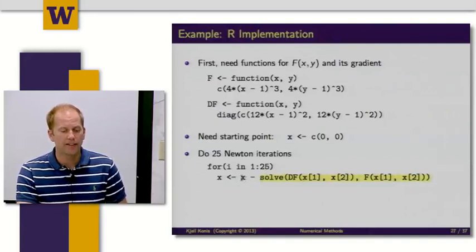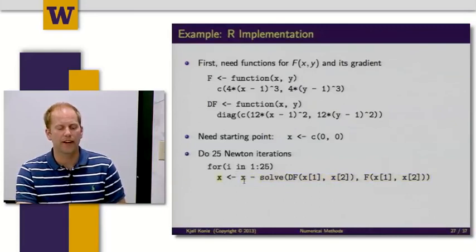And then my updating step is just to say xk minus u becomes xk plus 1. And so when I run this code in R, it's going to take xk, subtract the vector u, and then write the answer into the same piece of memory that I originally was using to hold x.